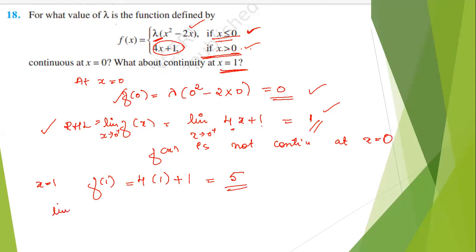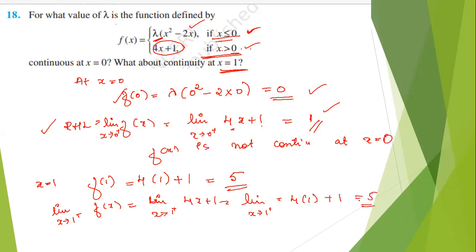And what will be the right hand limit? If you take the right hand limit, that also you get as 5 itself. Even if you try to find the left hand limit, that is also 5, because the same equation you have to consider. So here, for x greater than 0, the function is 4x plus 1.